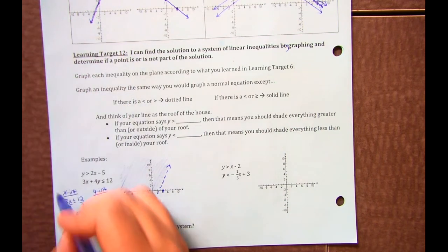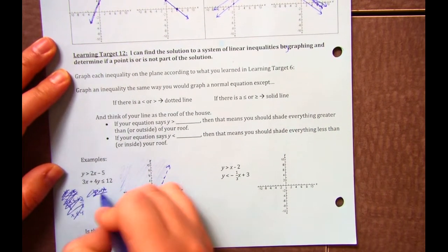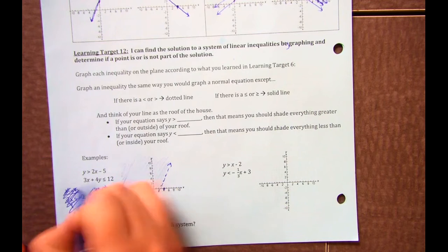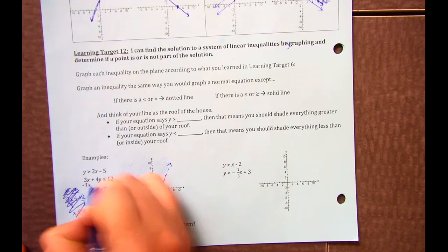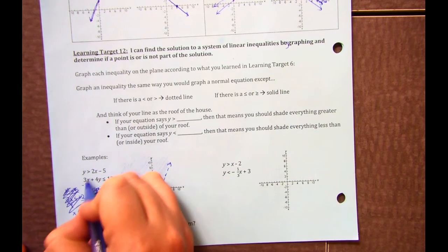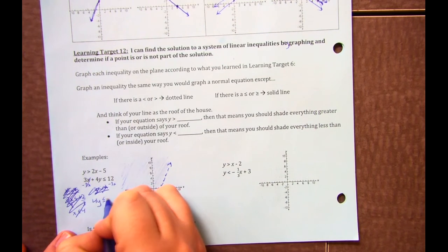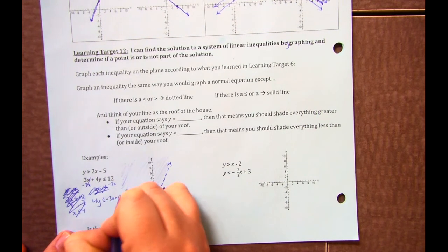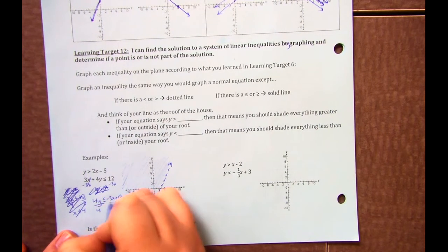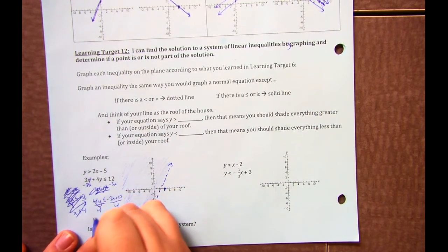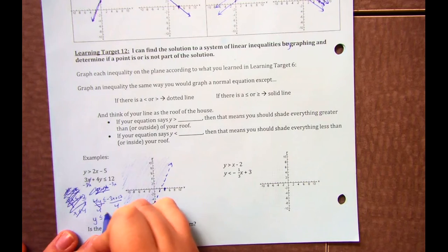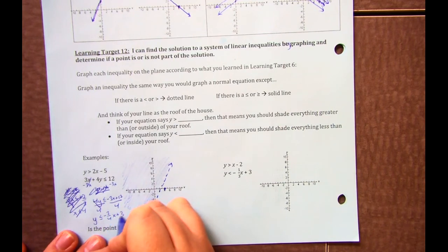well, let's do this a different way actually. I'm thinking that's going to be better. Let's change this into slope-intercept form. So we have minus 3x, which turns it into 4y is less than or equal to negative 3x plus 12. Divide by 4. So y is less than or equal to negative 3 over 4x plus 3.